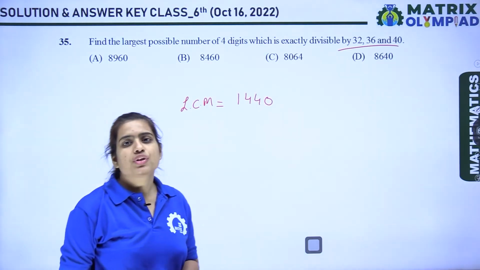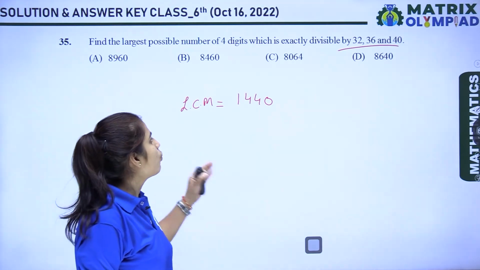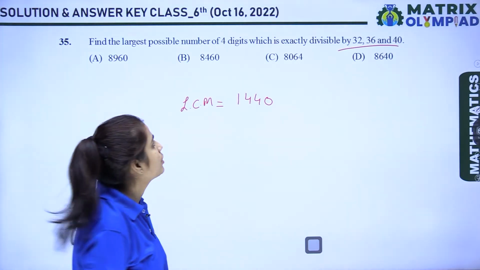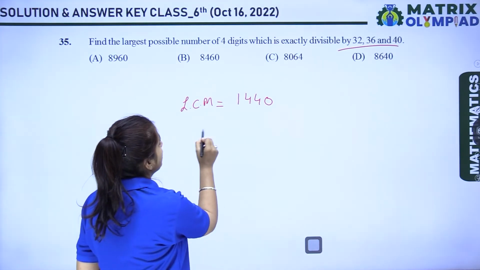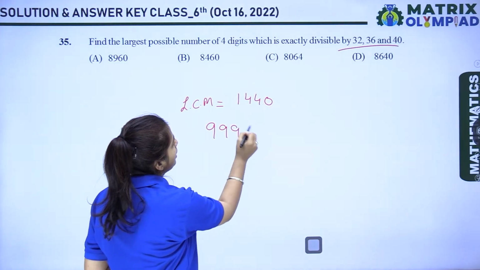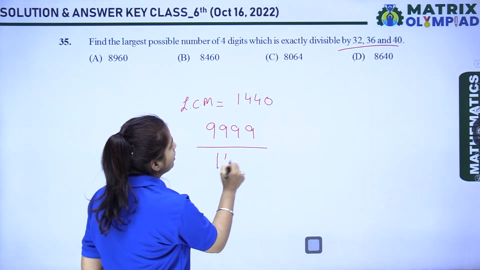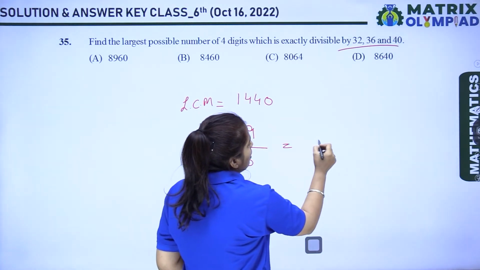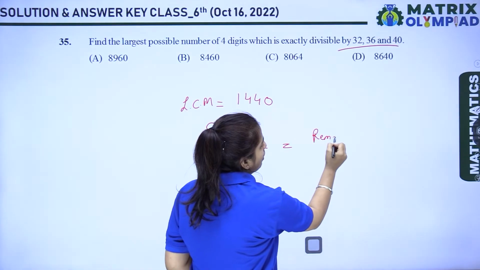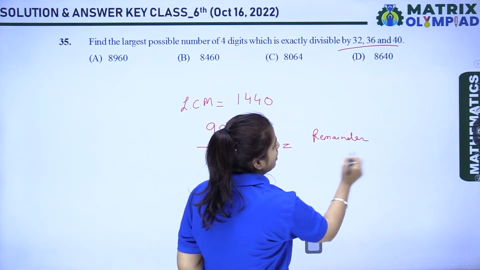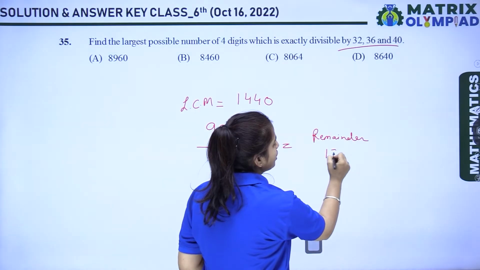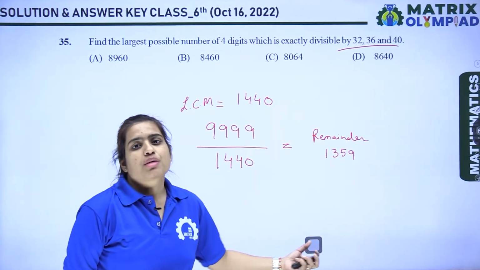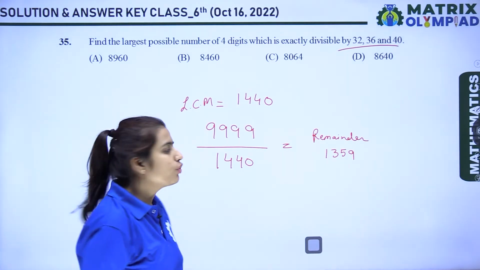Now we have to divide the largest 4-digit number, which is 9999, by 1440. After dividing, we get the remainder equal to 1359. Now the remainder is subtracted from the largest 4-digit number.